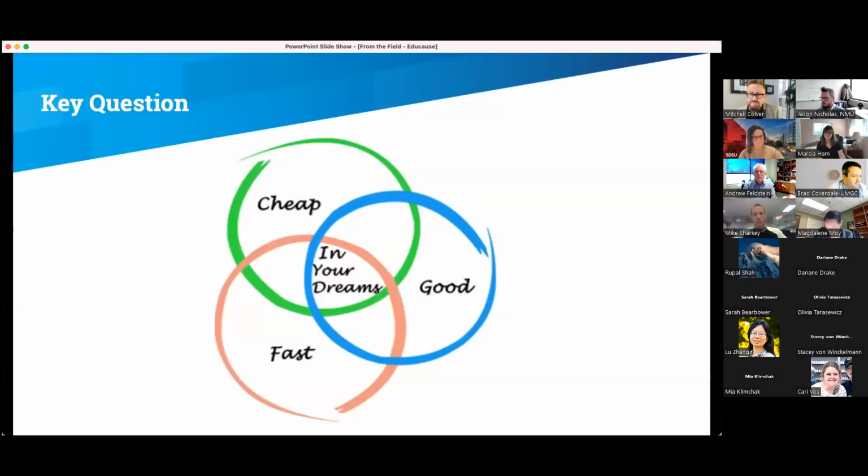My boss at the time, John Louviere, who has since moved on from Utah State, and many of you know John. John used to be on the steering committee for this community group. He showed me this diagram, and he said, look, we have these three characteristics. Analytics can be cheap, they can be fast, or they can be good.